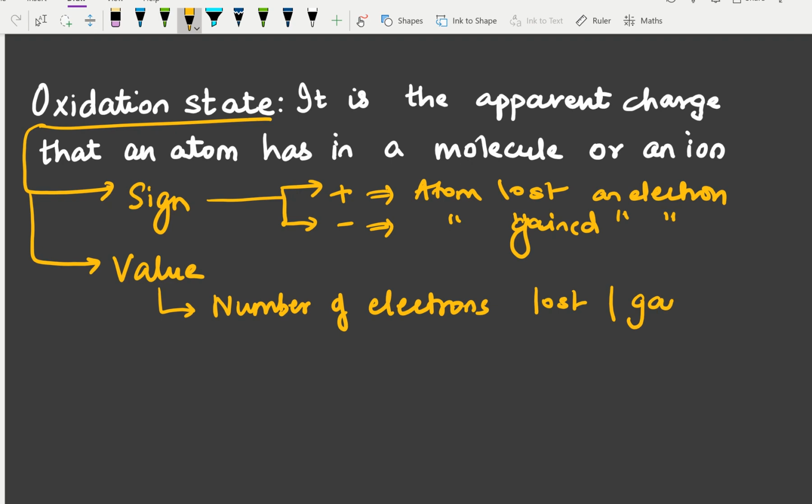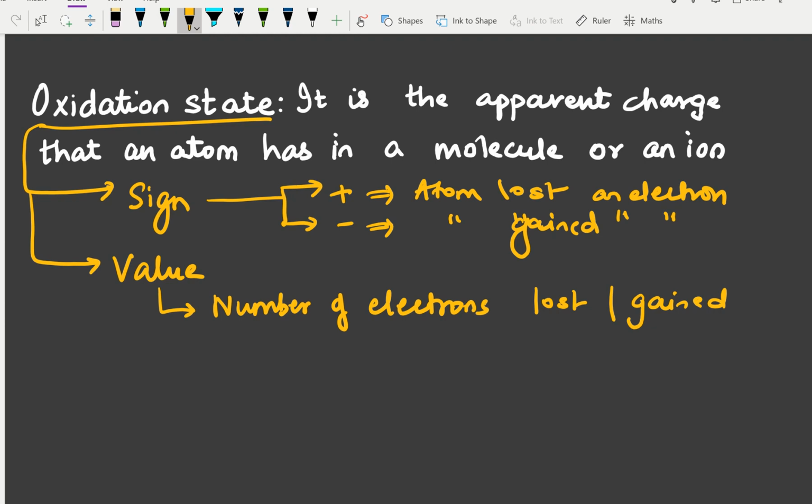As I told you above, if it's a plus sign, it indicates that the atom has lost electrons, and if it's a negative sign, it says the atom has gained electrons. So depending on whether it is losing or gaining electrons, the sign is going to vary. But for sure, the value tells me the number of electrons lost or gained.